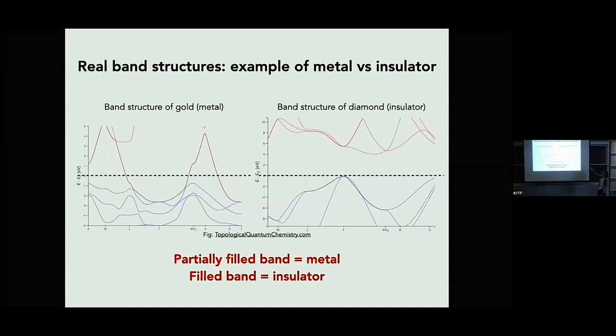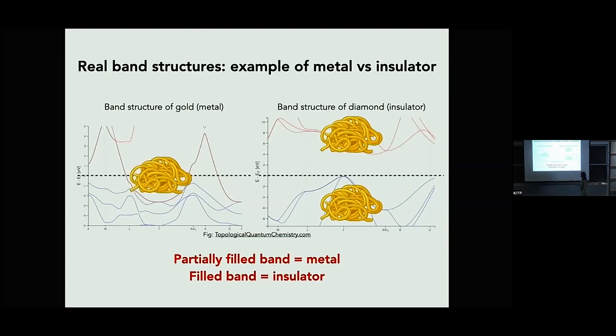Again, electrons are filled up to this line. Even though these bands are a jumble, you can still see that there's an energy gap between the top of this and the bottom of this. So you can basically think of the insulator as having two separate jumbles of spaghetti, and the metal is like, you can't disentangle this because we have one strand that's going all the way up.